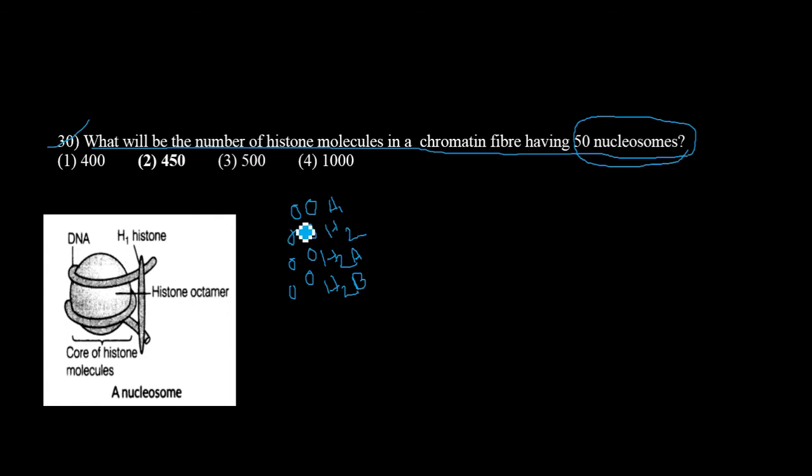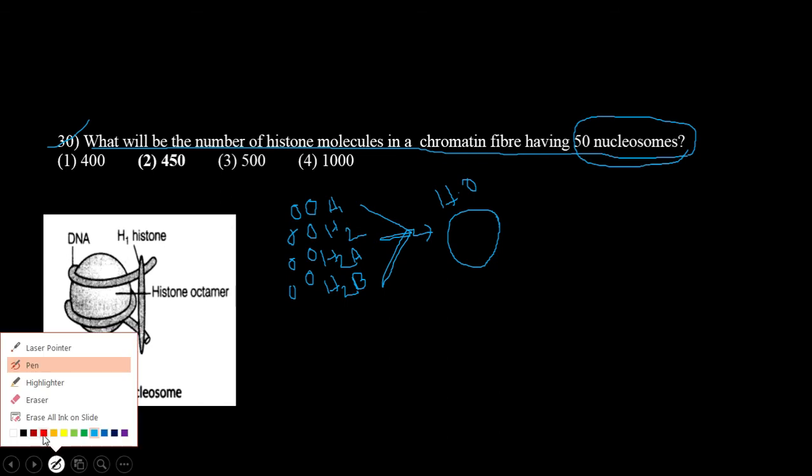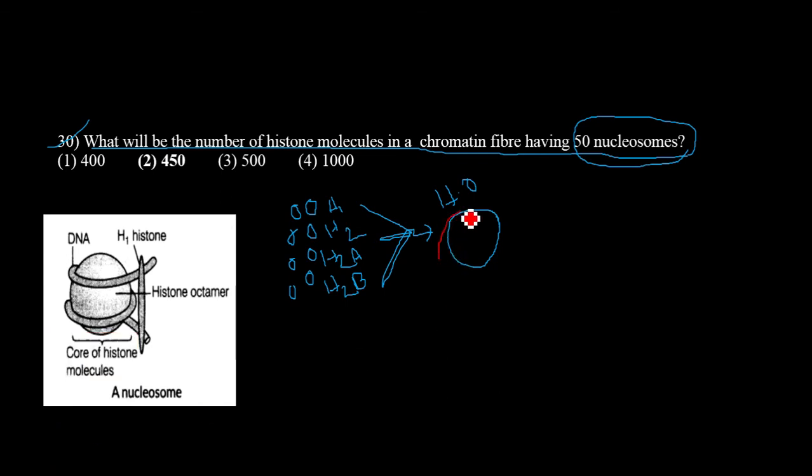8 histone proteins does not mean 8 separate histone proteins; one pair of each type of histone protein combines together, and then we can see the formation of one round structure. This round structure is called the histone octamer. After that, the DNA wraps around this histone octamer and forms a structure like this.